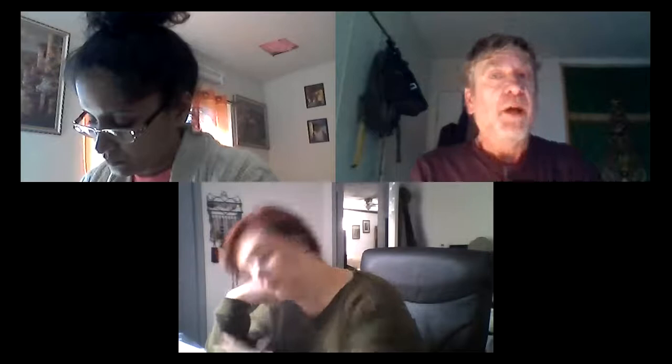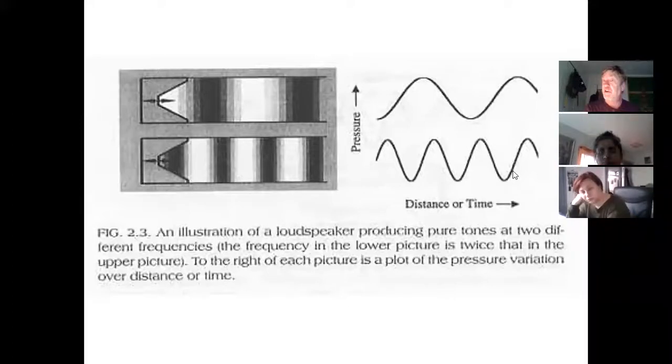HZ. So hertz means number of cycles per second. Number of wavelengths per second. So if you had 3.5, as in that one there, that would be 3.5 hertz. So showing you here, this would be 1.5 hertz, 3.5 hertz. It really hurts.